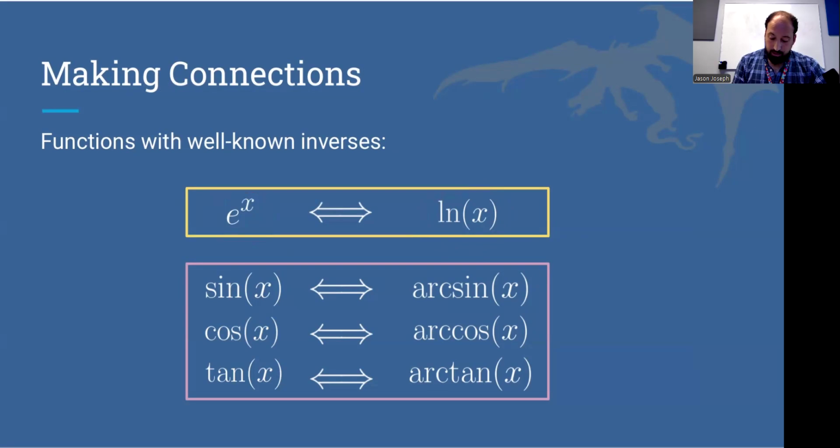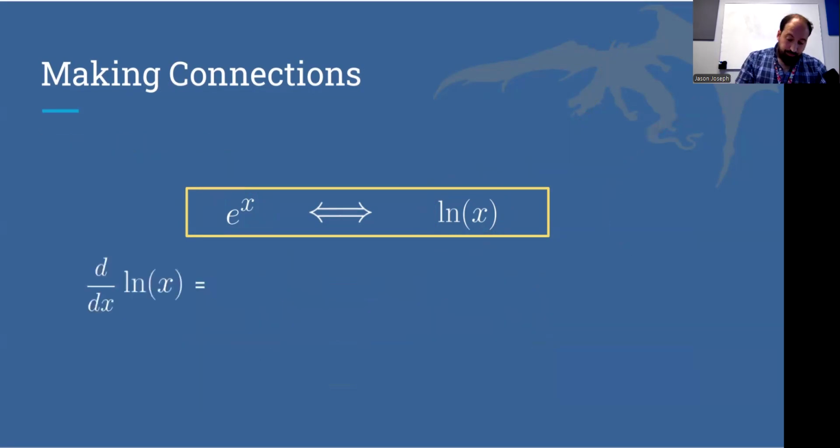E to the x is this kind of a graph, exponential growth, that is invertible, and this is its inverse, so its inverse looks like this. So using that formula, let's check that the derivative of natural log x is what we told you it is.